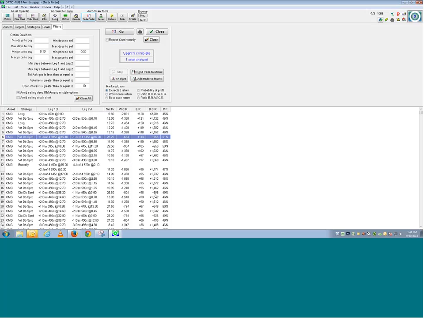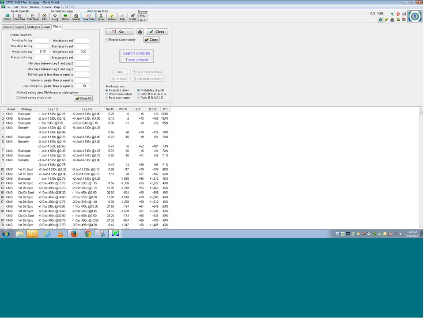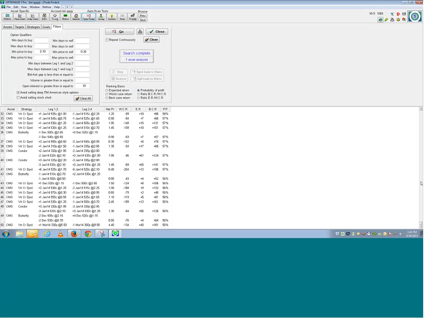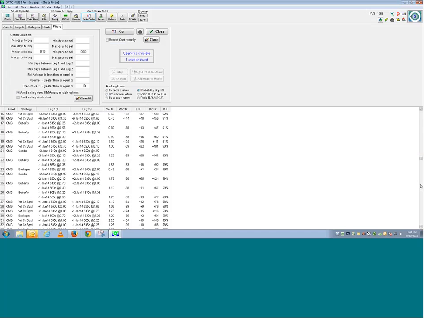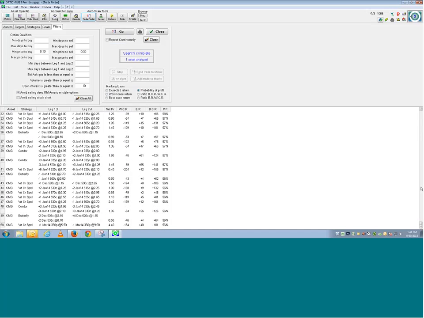Okay. You know what? Let's go probability of profit. I'm going to go to the first ER that's in the hundreds. See if we can get anything up near. See, that's just not happening. My goodness. Look at this.